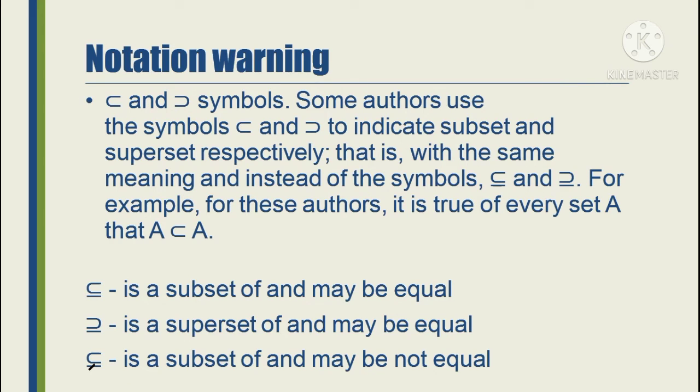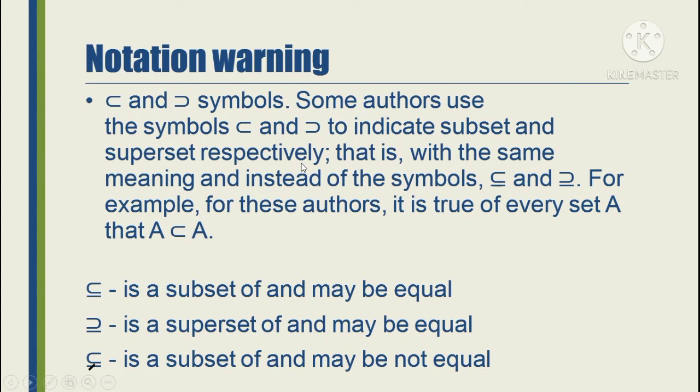Next, notation warning. Bakit may notation warning na to? Kasi sa ibang libro, may iba't ibang ginagamit na symbol. So, this one is the example of symbols used by other authors. So, some authors use the symbols ⊂ and this one, or nakabaliktad na ⊂, to indicate subset and superset, respectively.